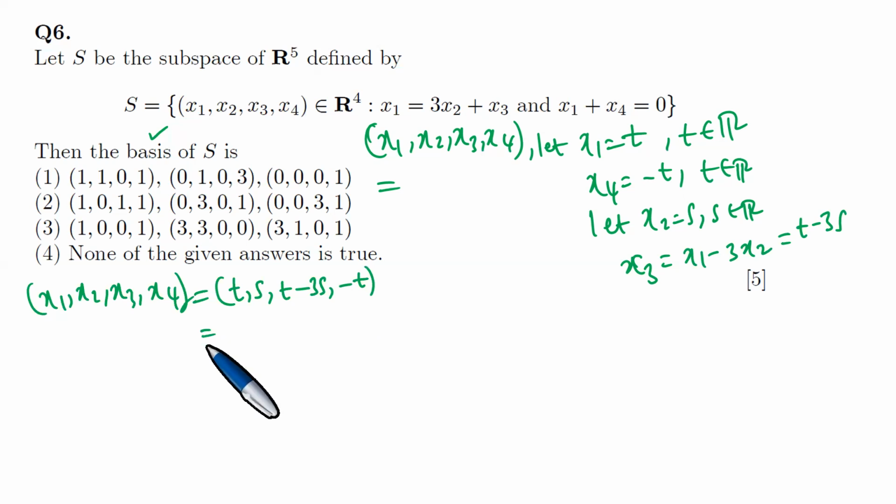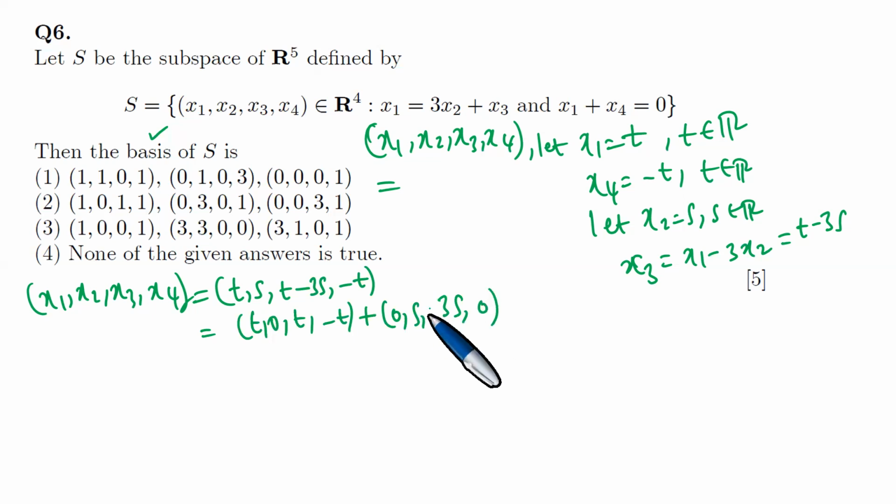And then you get this. So, which means that 0t, 0s, minus 3s, which is 1, 0, 1, minus 1, and 0, 1, minus 3, 0.